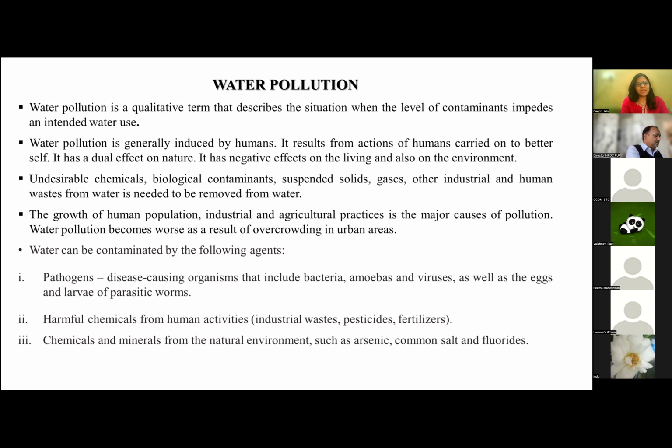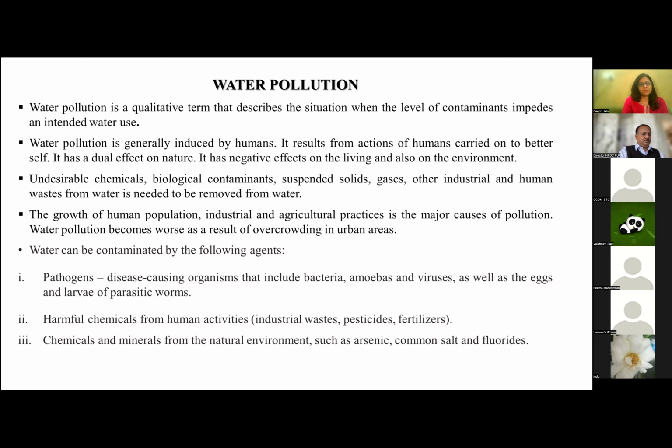So these undesirable chemicals, biological contaminants, suspended solids, gases, and other industrial and human waste need to be removed from the water in any case. The growth of human population, as I already discussed, is the major source. The growth of human population, industrial and agriculture practices is the major cause of pollution.